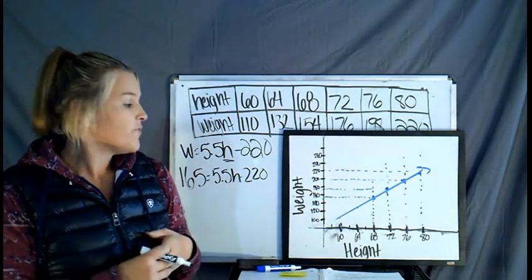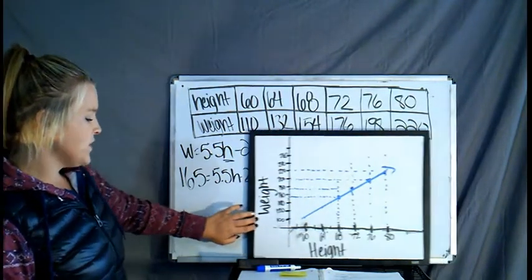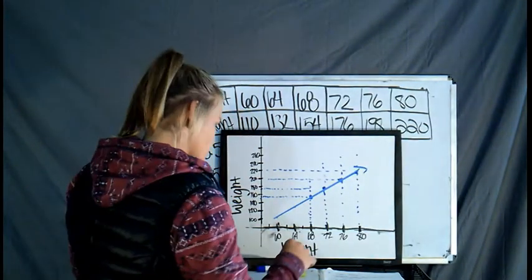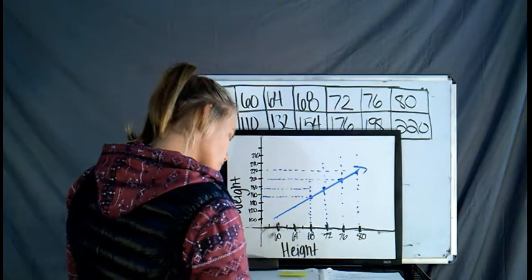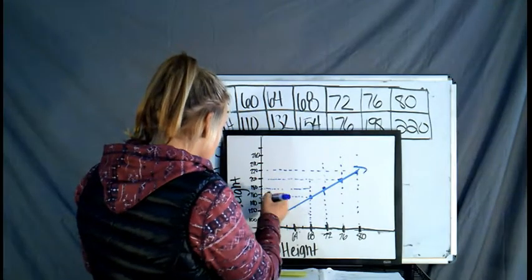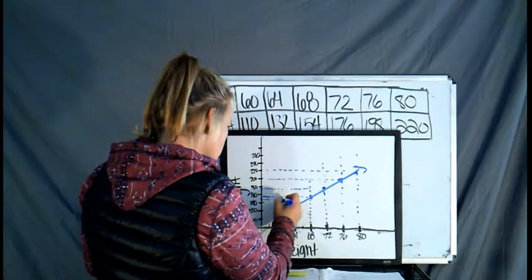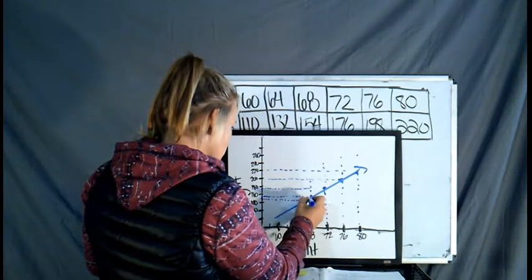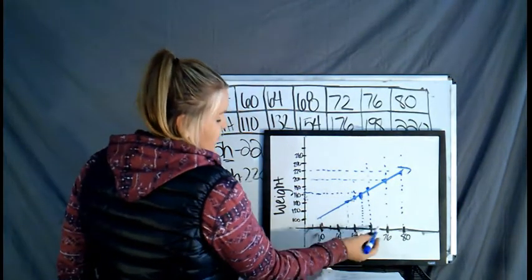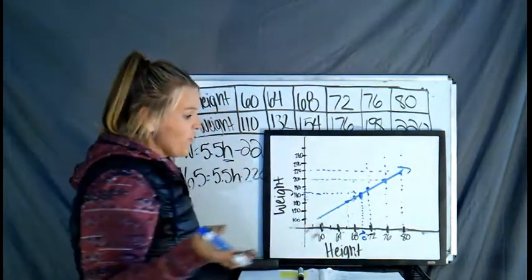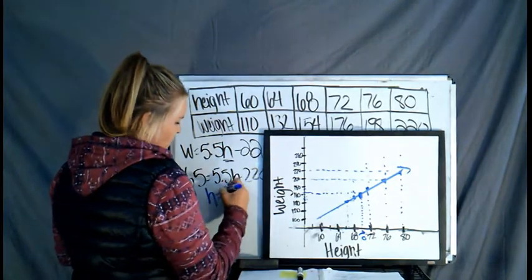So all we have to do is figure out where is 165 on our weight range, and then what does that correspond to with height? It's right about there, and then when I draw my line down, mine's going to approximately be at 70 inches. So graphically, I would say that he should be 70 inches tall. So h should equal 70.